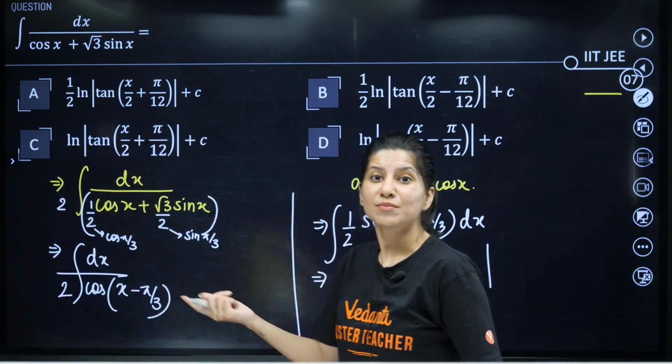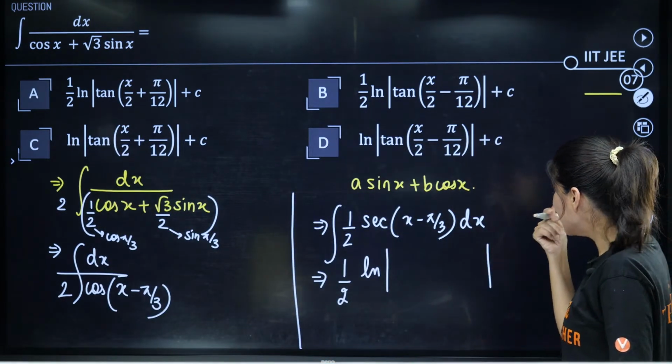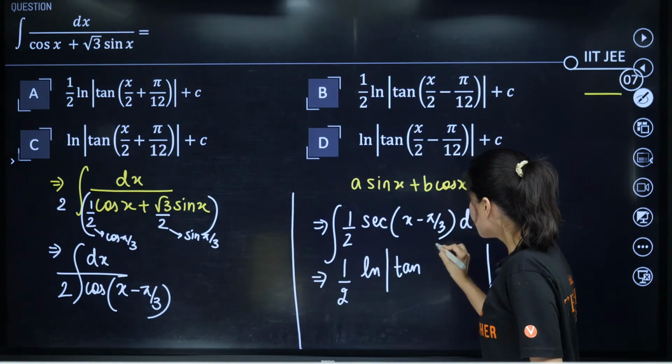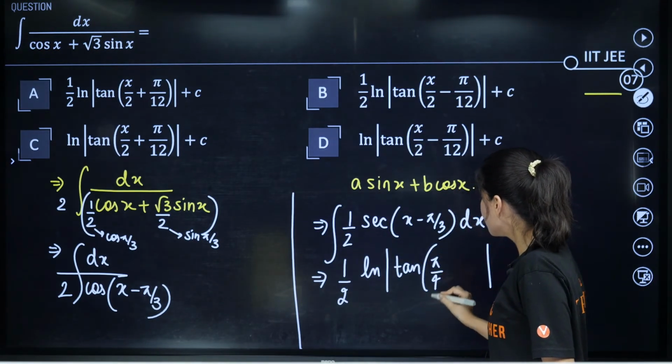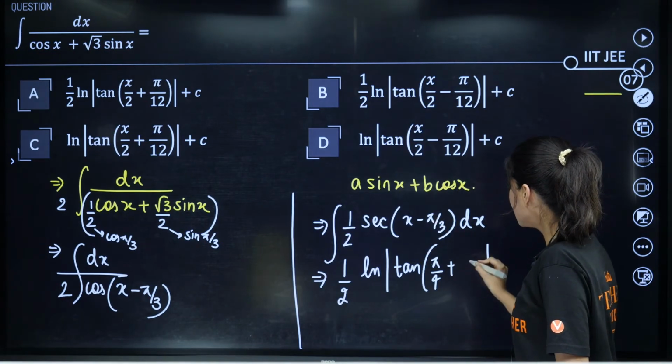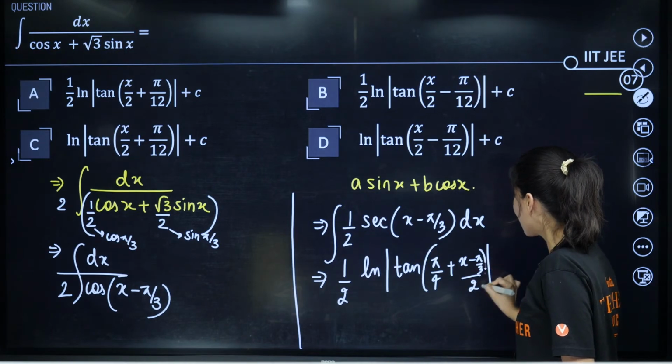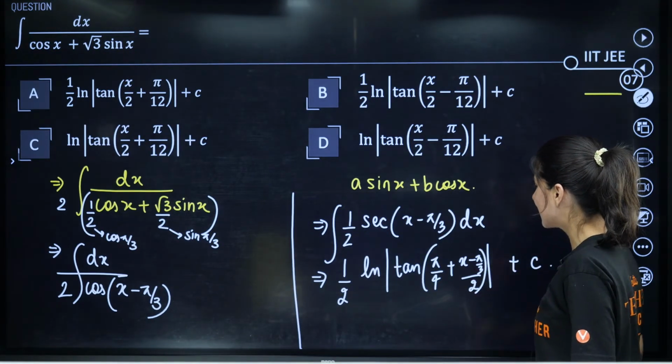We are going to use another formula. So this is going to be log of tan of pi by 4 plus x by 2, that means x minus pi by 3 upon 2, bracket close, plus constant of integration.